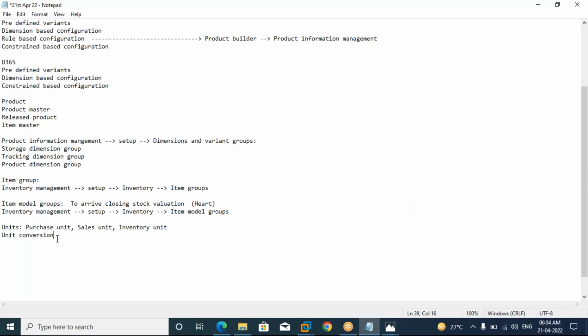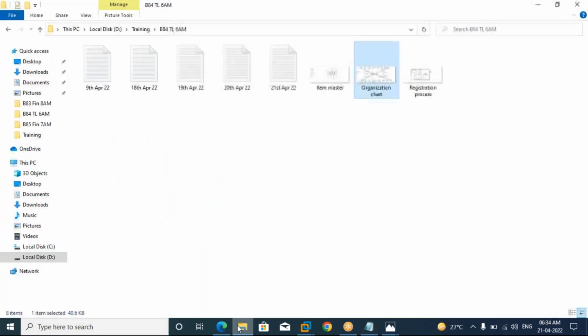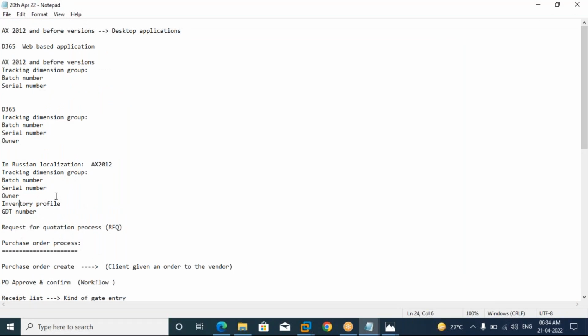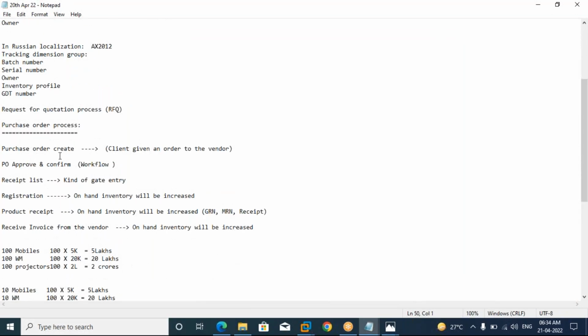Now let us go back to the transaction. Yesterday we understood the purchase order process: purchase order creation, purchase order approval and confirm, which your manager will do. Then receipt list. Receipt list means nothing will happen, it is only a kind of data entry.